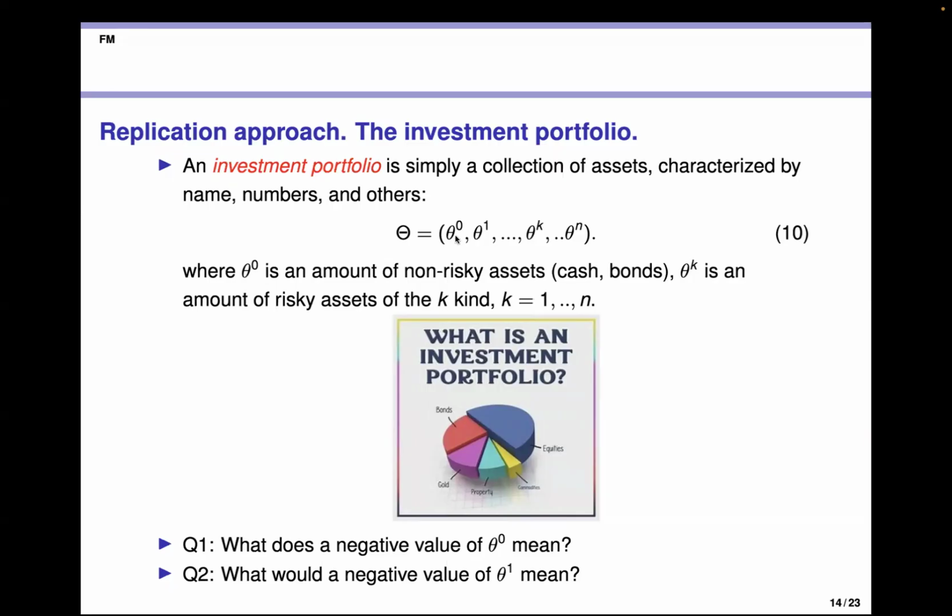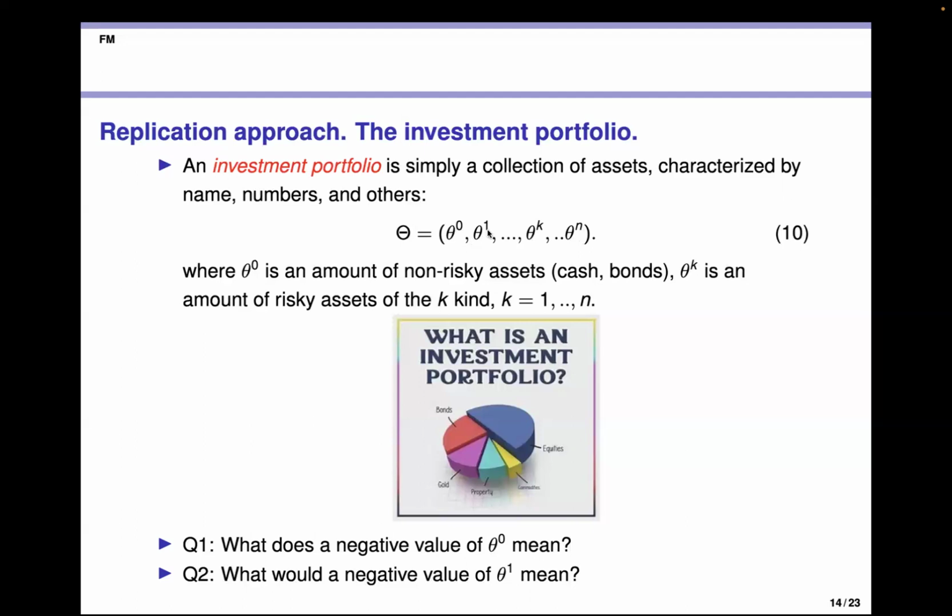What do these coordinates mean? The first coordinate, theta 0, is the amount of non-risky asset, cash or bonds, but all the rest of the coordinates are amounts of risky assets of different companies.